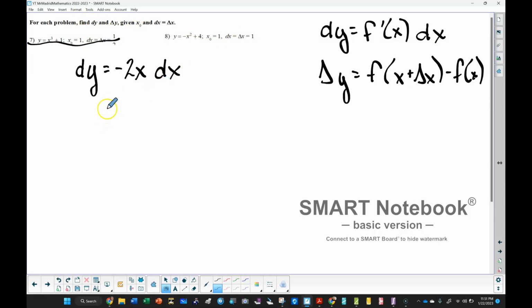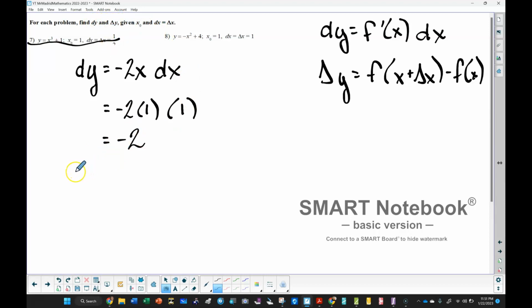Let's keep going. We've got negative 2, and in this case the provided x value is 1 and dx is 1, so we get negative 2. We're also asked to find the change in y, or delta y.